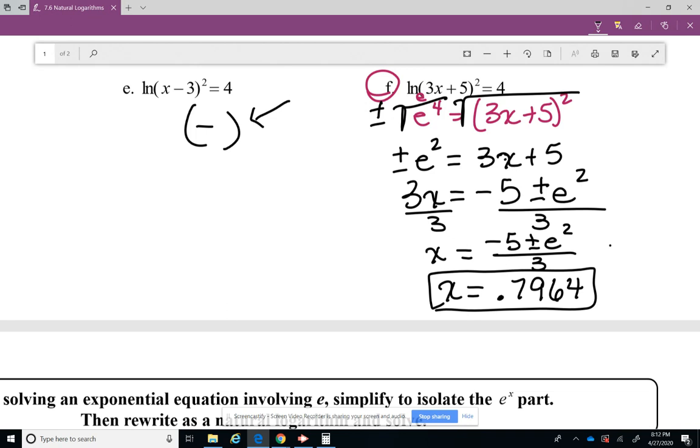Press the equals button. And you get x equal to negative 4.1297. But x is negative, so you're like, nope, this is not an answer. This is an extraneous solution.